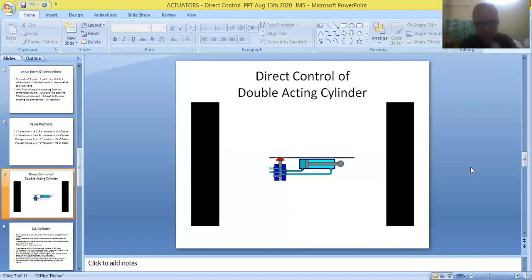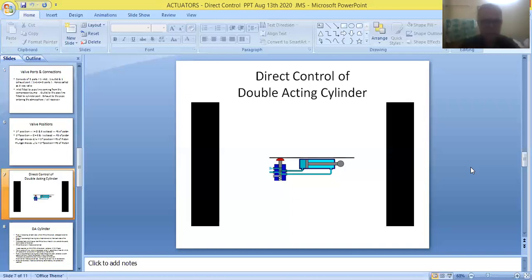By keeping these cylinders in vertical position, they can be used for moving loads in up and down directions, and also for doing press working operations. So friends, cylinders are very essential for operating hydraulic and pneumatic circuits, are referred to as actuators, and they are called the primary, most important components of hydraulic and pneumatic systems.